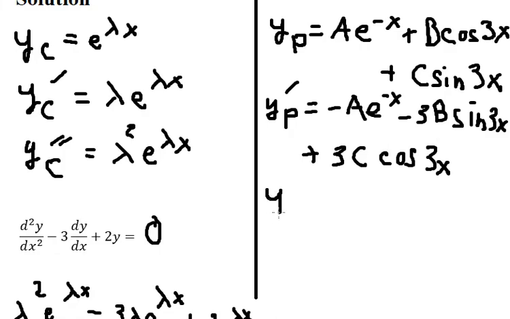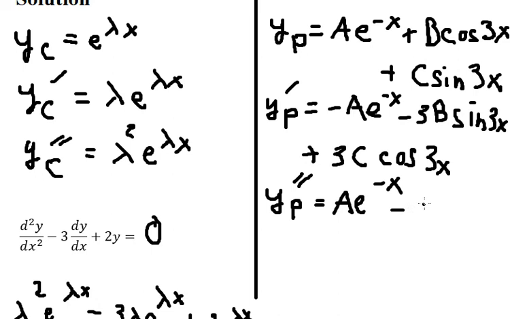Now if we do the second derivative of yb from the first derivative of yb, we have a e to the power of negative s, because the first derivative of e to the power of negative s is negative e to the power of negative s, and negative with negative gives positive.